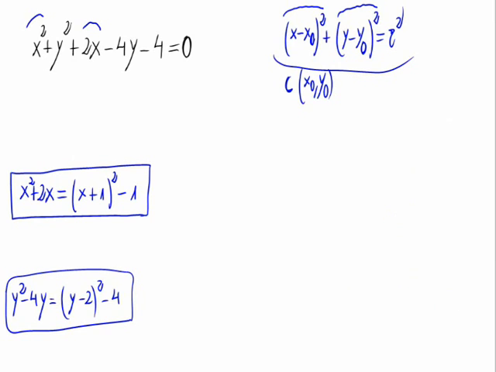We would have (x plus 1) squared minus 1 plus (y minus 2) squared minus 4 minus this 4 equal 0.